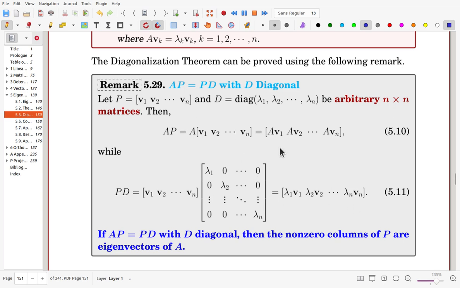If these two are the same, then A v1 equals lambda 1 v1, and A v2 is lambda 2 v2.